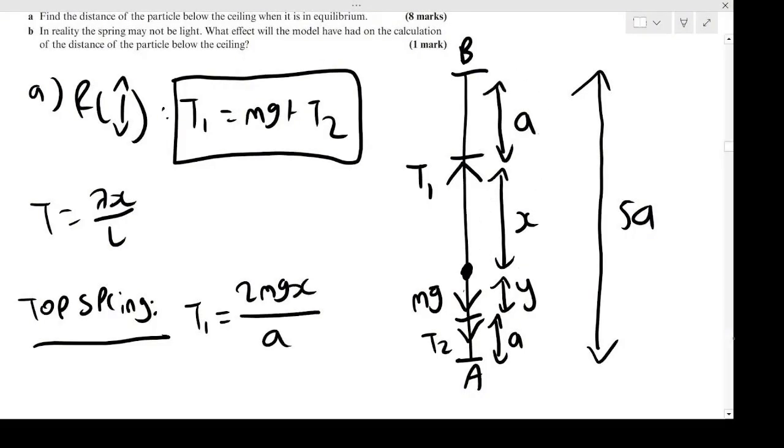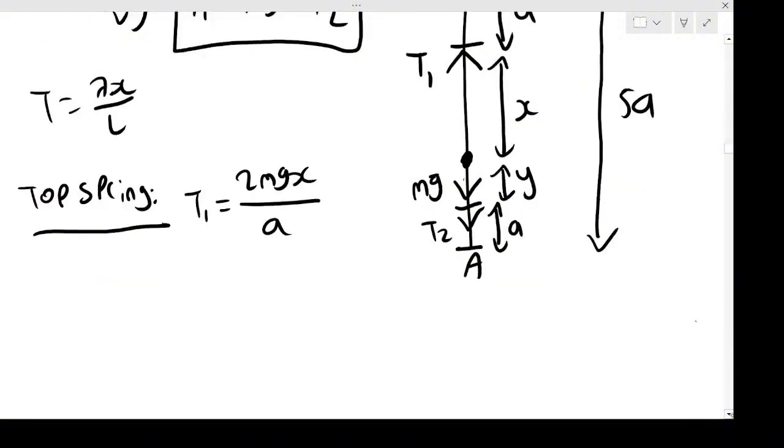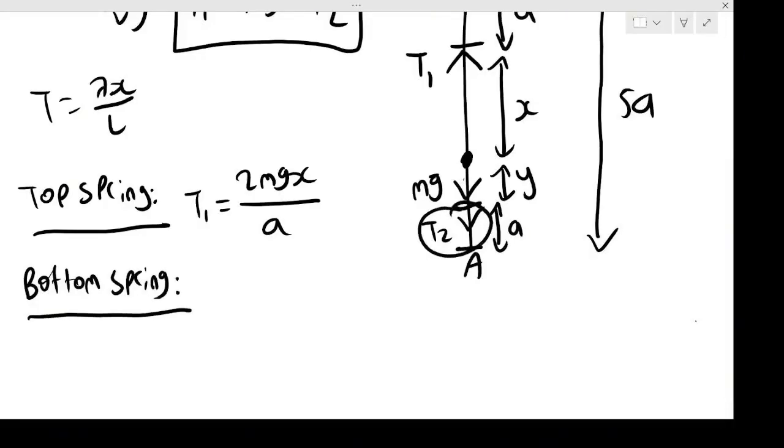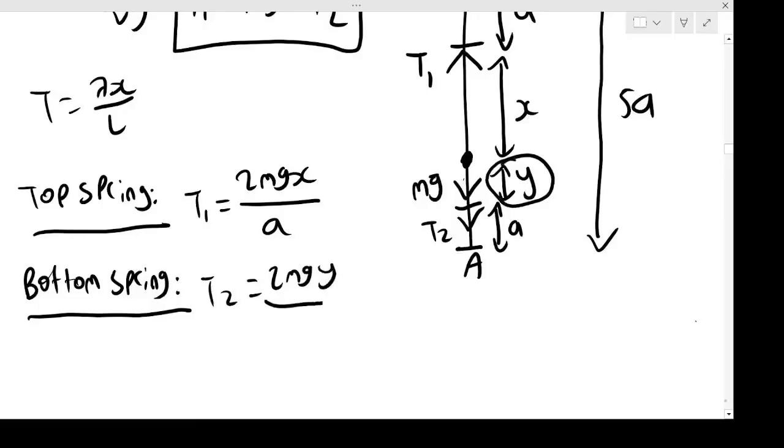And then we could do the same for the bottom. Here the force is T2 in that spring, and so again, 2mg times the extension y over the natural length a.